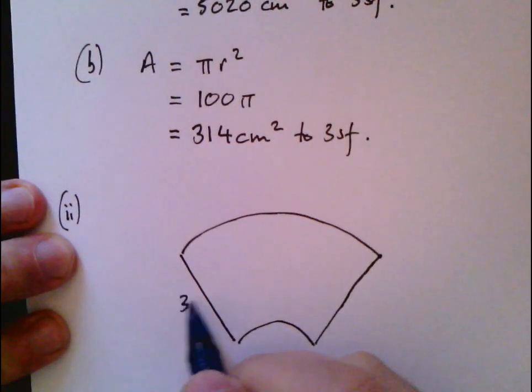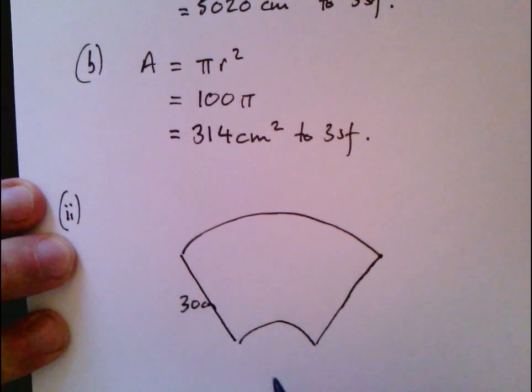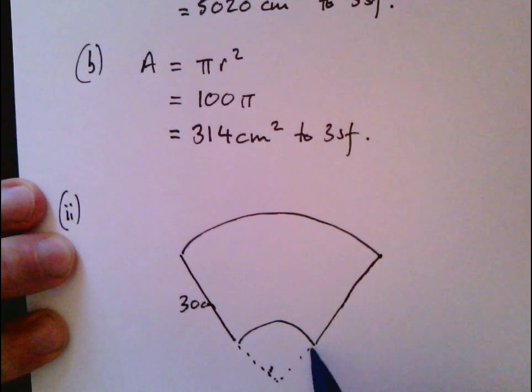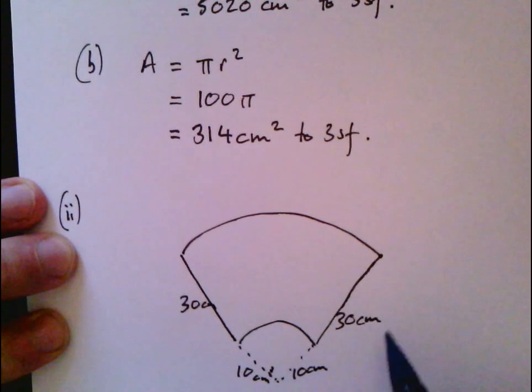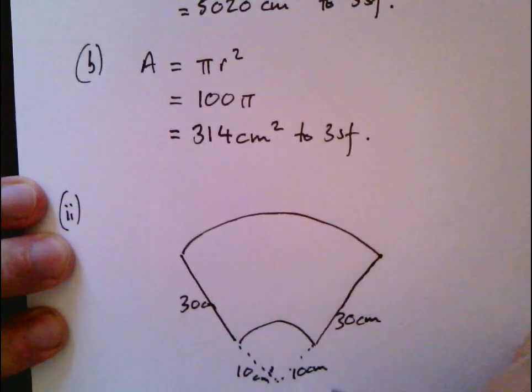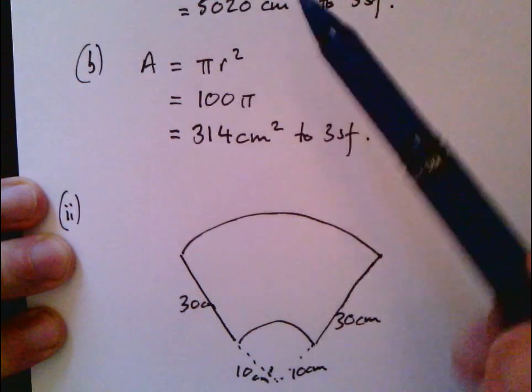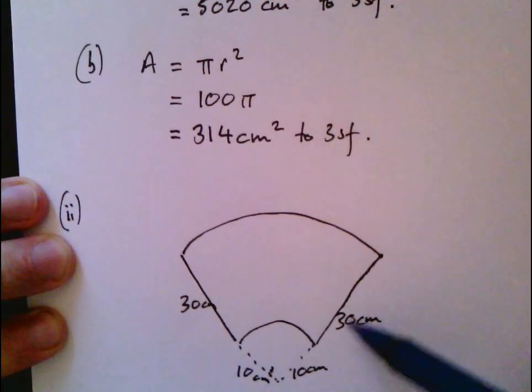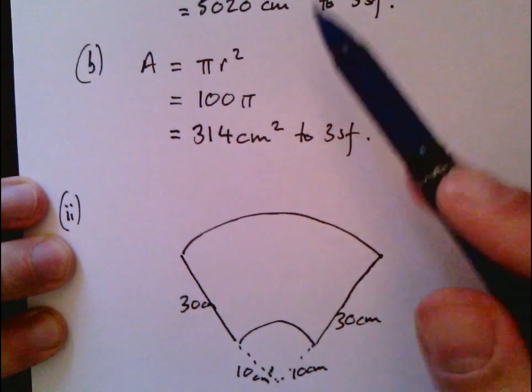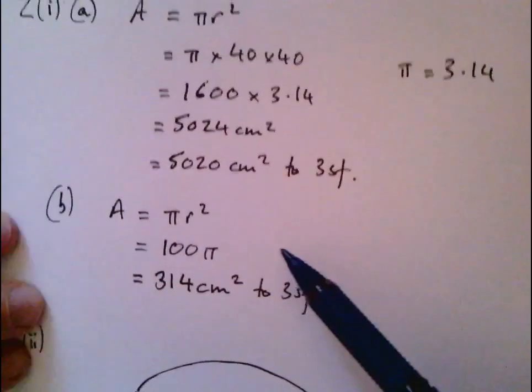We know that that's 30 centimeters, and to sort of complete the section, that's 10 centimeters. 10 centimeters and 30 centimeters. And perhaps the first thing to have a look at is spot that actually the numbers 30 and 10 and 40, 10 plus 30, linked to the questions we did earlier.